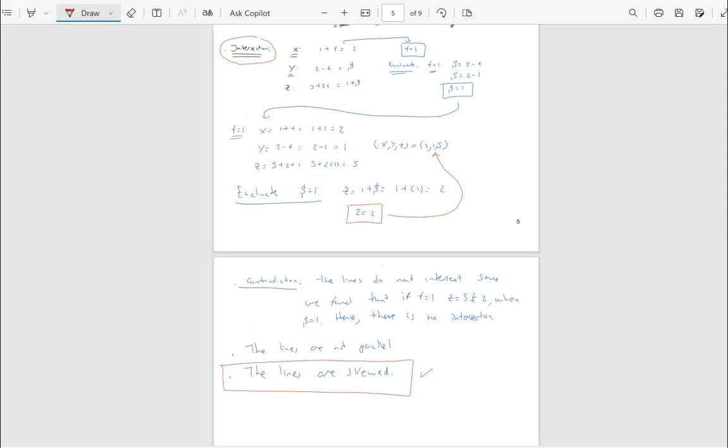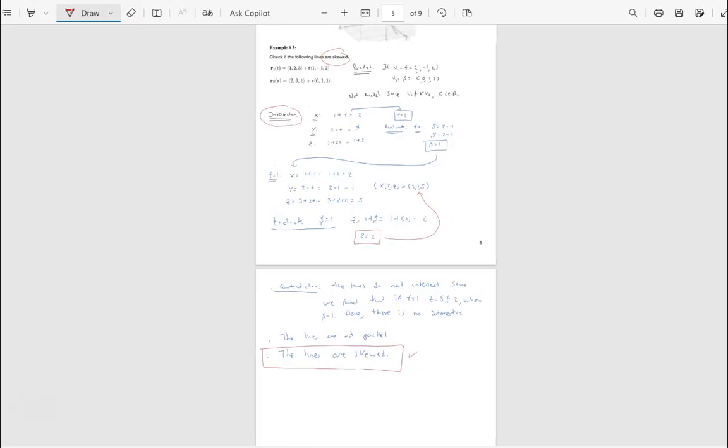Once again, we are asked to check if the lines are skewed. You first have to verify that they're not parallel.